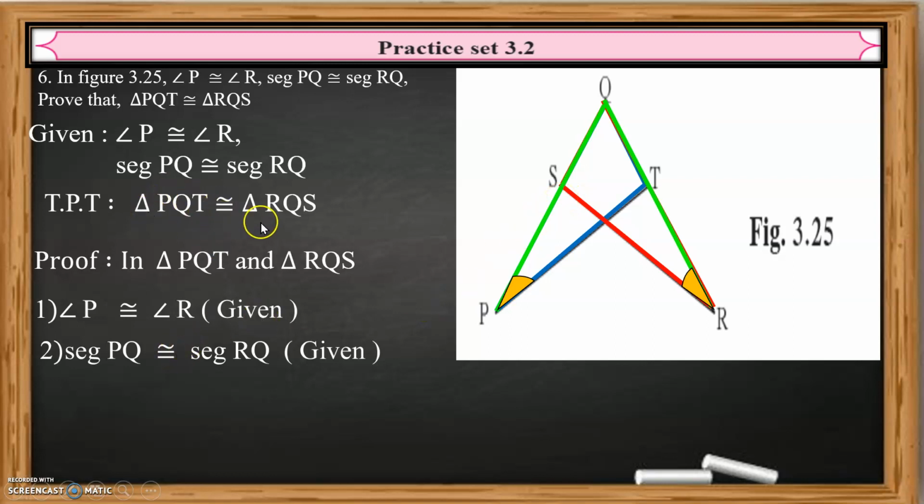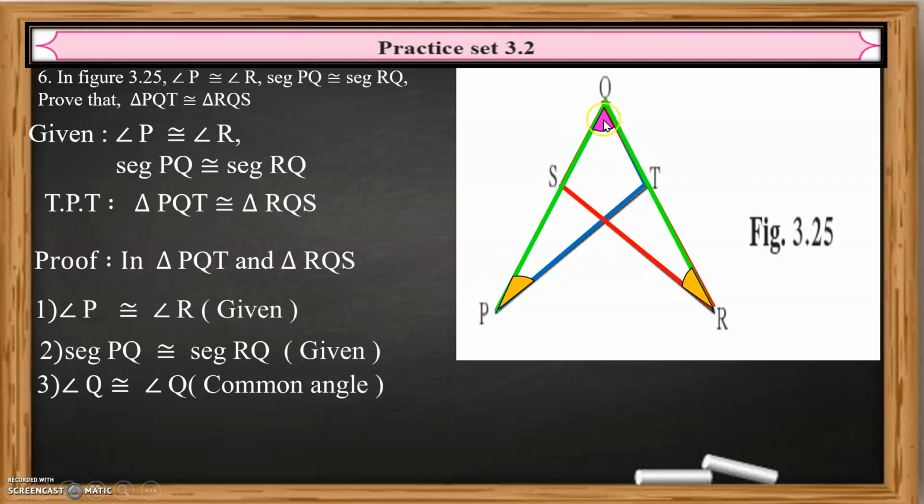Now to prove any two triangles congruent, only two parts are given. We need the third part. Now if you observe carefully, we get that angle Q will be congruent to angle Q, common angle. So I'll show that in the figure. See here.